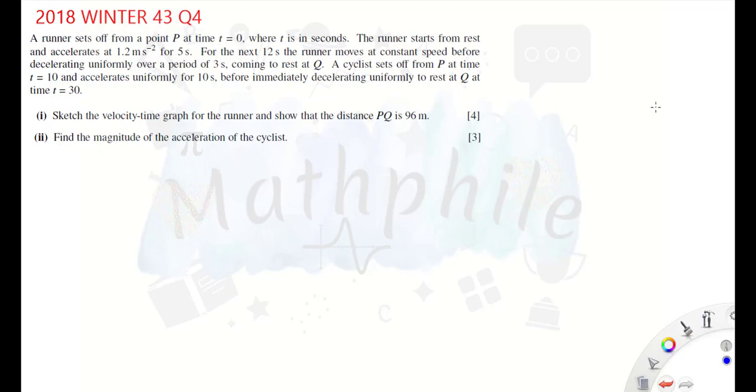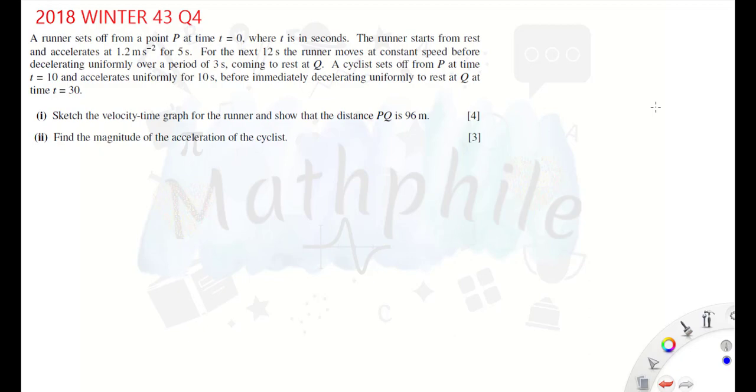A runner sets off from a point P at time t equal to 0, where t is in seconds. The runner starts from rest and accelerates at 1.2 meters per second squared for 5 seconds.